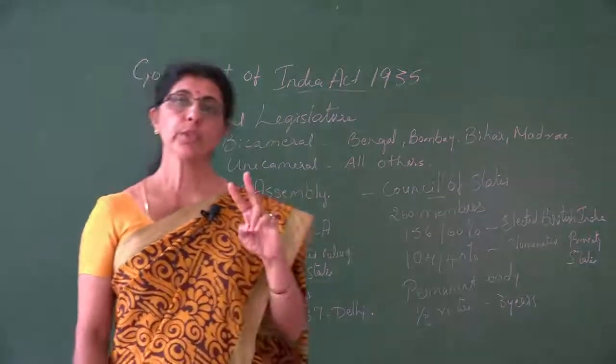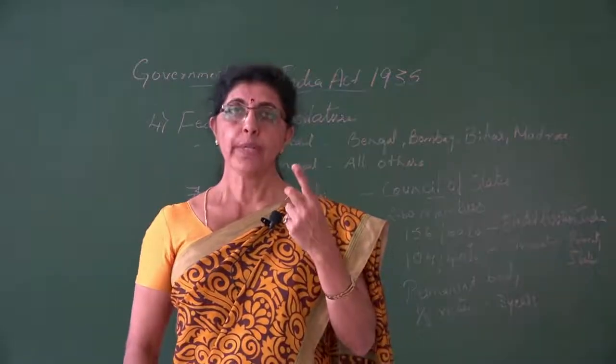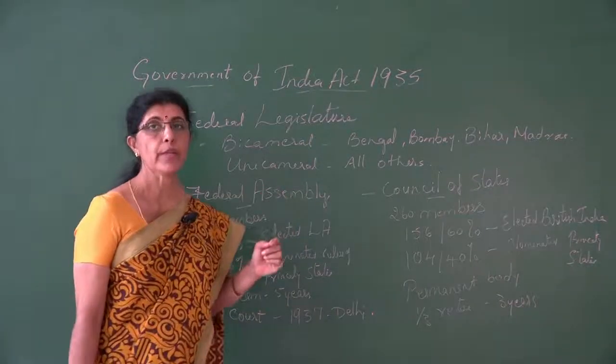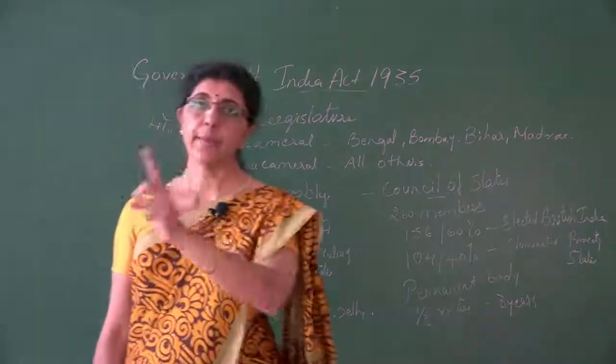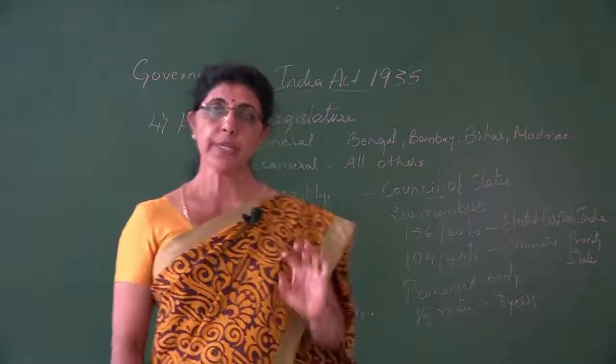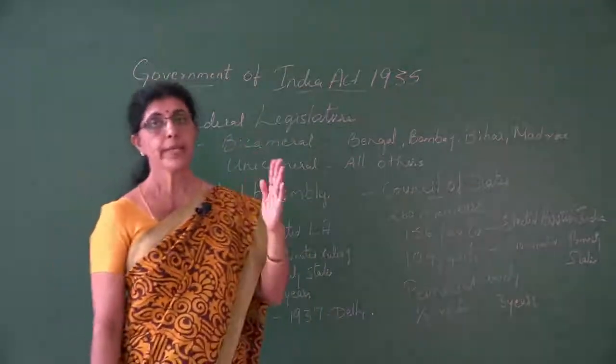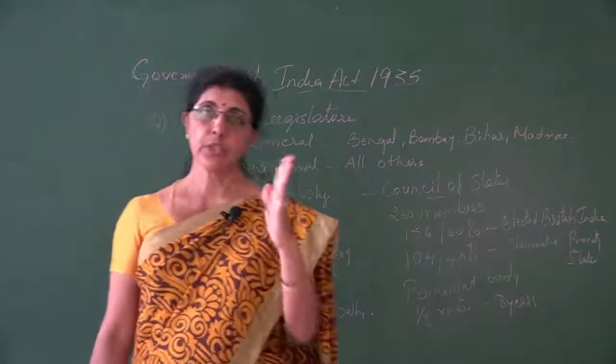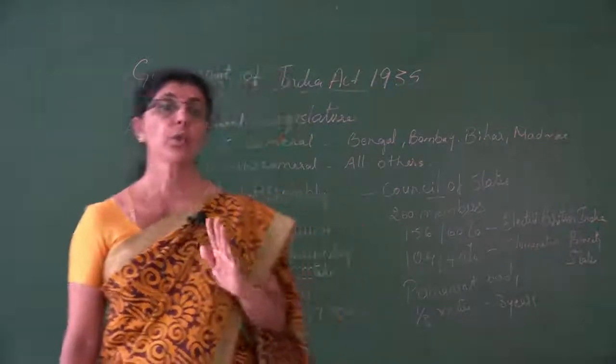We have two types of legislatures: the bicameral legislature and the unicameral legislature. Unicameral means one house, a single house. Bicameral legislature has two houses, bi meaning two, cameral meaning houses.